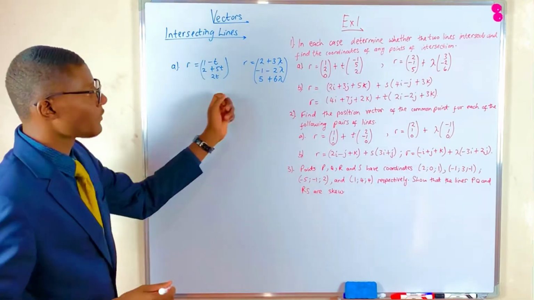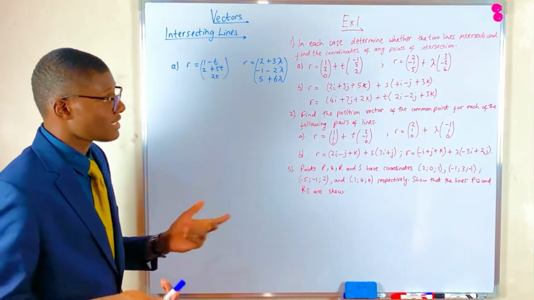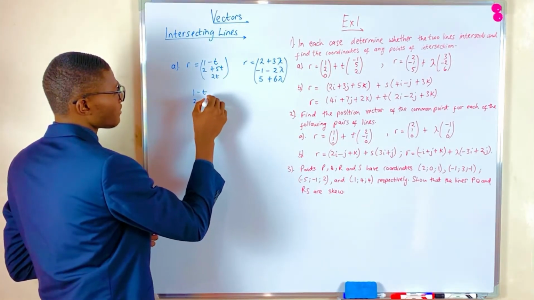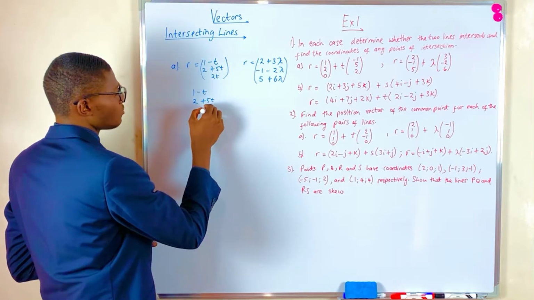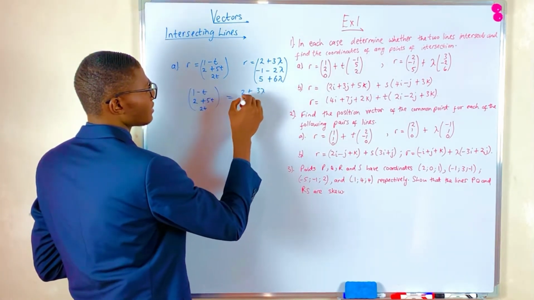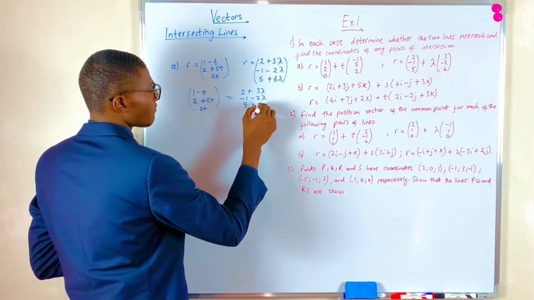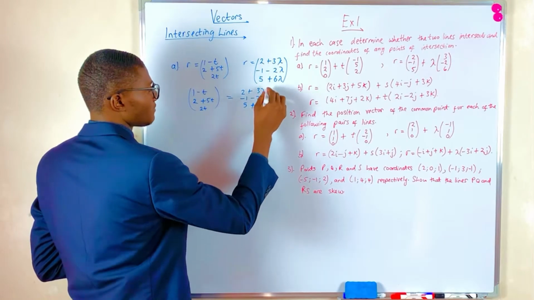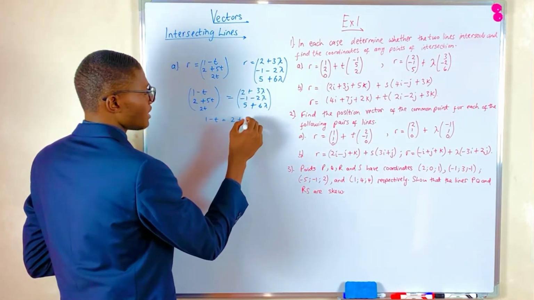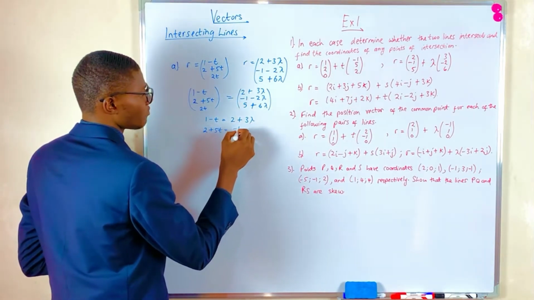We shall equate these, because we need a common position vector. So (1 minus t, 2 plus 5t, 2t) is equal to (2 plus 3 lambda, minus 1 minus 2 lambda, 5 plus 6 lambda). Then 1 minus t is equal to 2 plus 3 lambda, and 2 plus 5t is equal to minus 1 minus 2 lambda.